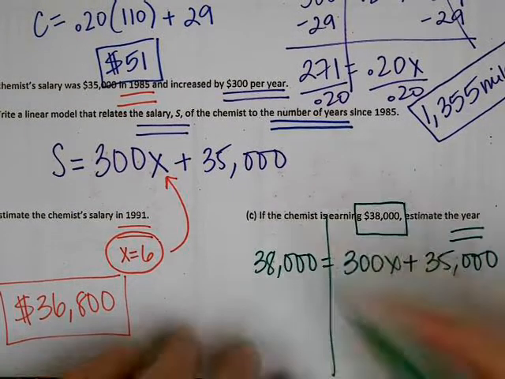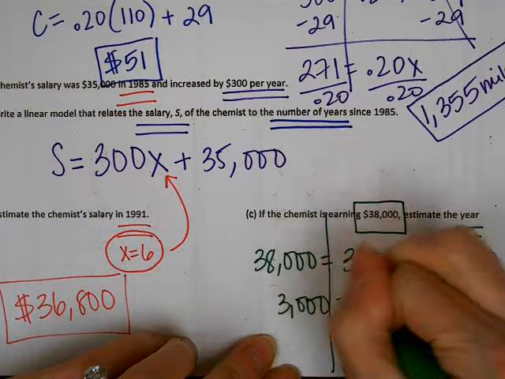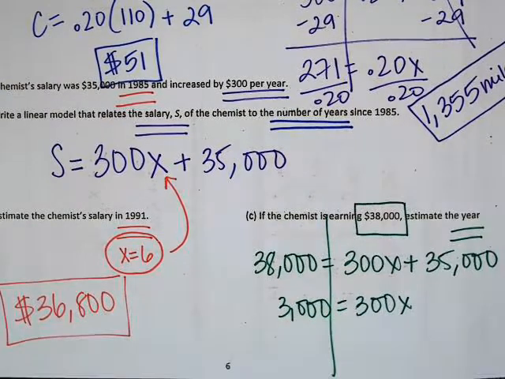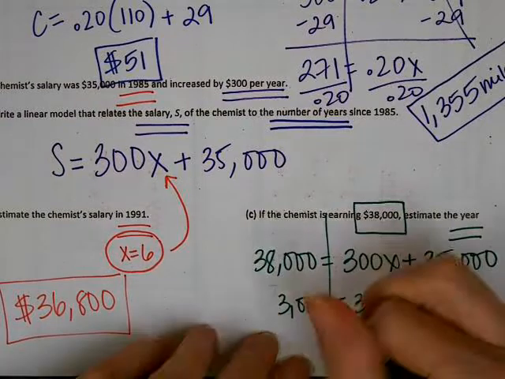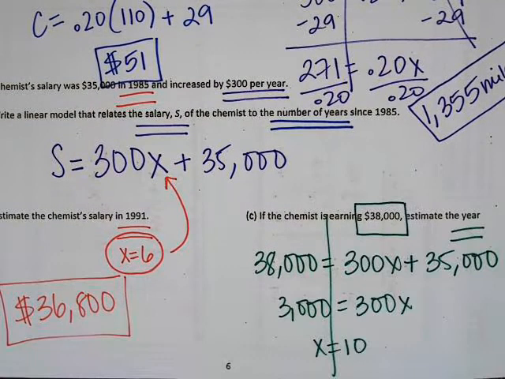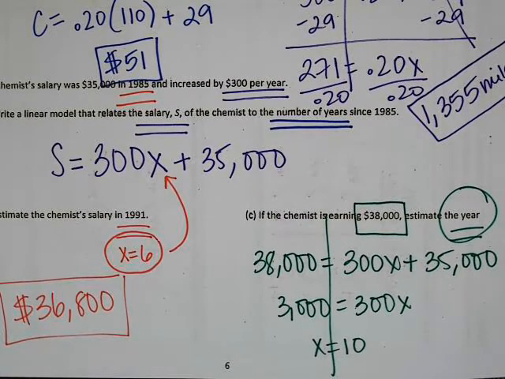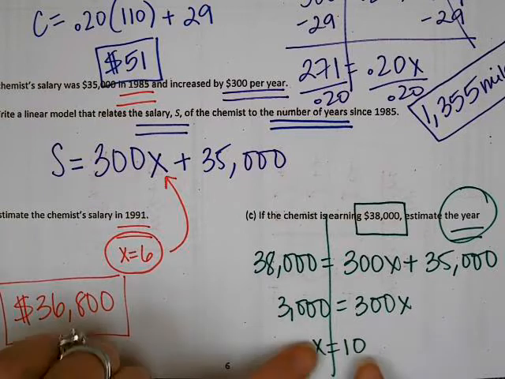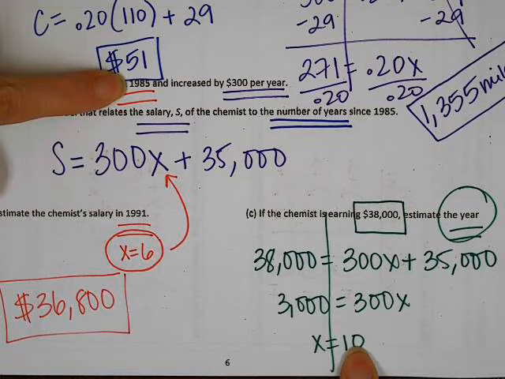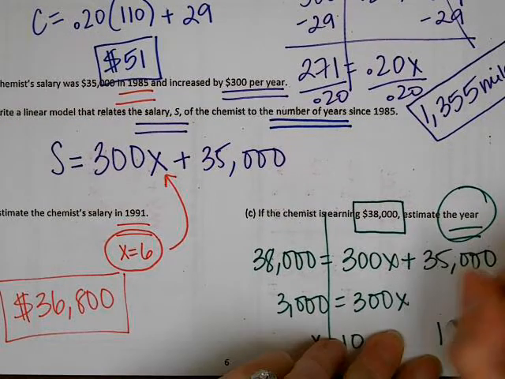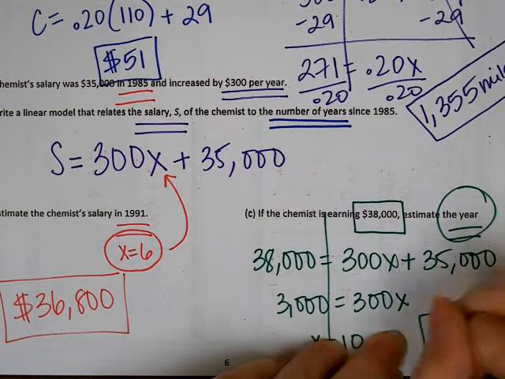Subtract this over, you get 3,000 equals 300x. And then if you divide both sides by 300, we get x equals 10. Now you're not going to say year 10, right? That doesn't make sense. What year is it going to be? Well, it's 10 years after the starting year. So what's 10 years after 1985? That's 1995. That's the year.